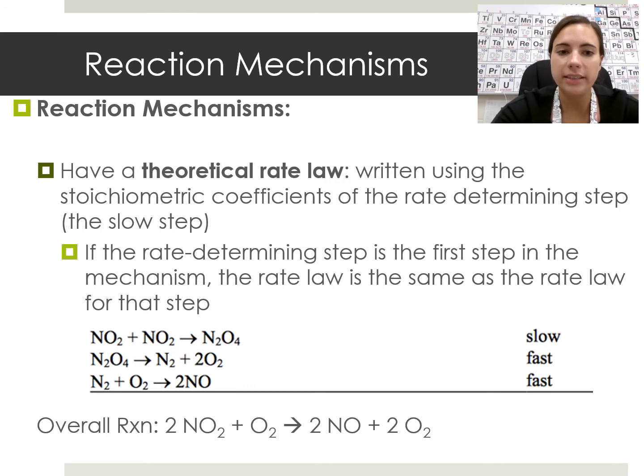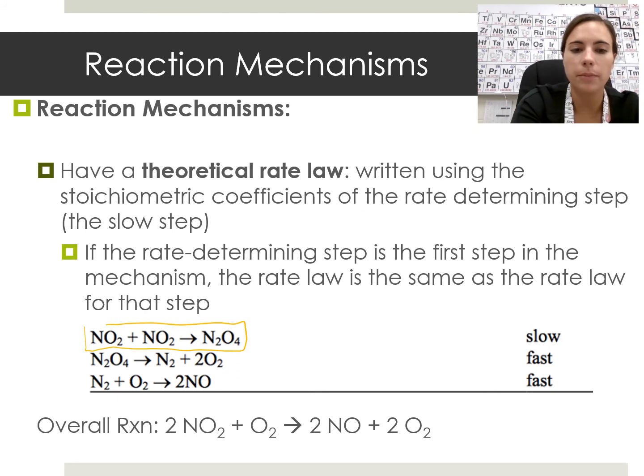So let's look at this example. For this one, we're told that the first step is the slow step. And since a reaction is only as fast as its slowest step, I'm going to write my theoretical rate law that comes from the mechanism from my slow step.